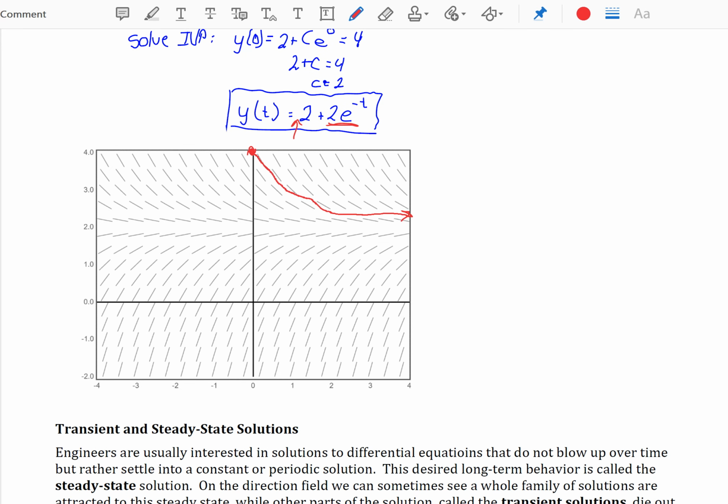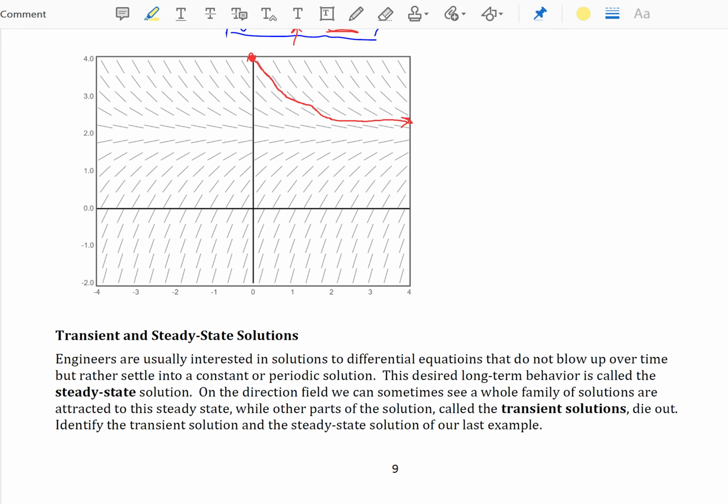Okay, now a little bit more terminology for you. We want to talk about transient and steady state solutions. Engineers are usually interested in solutions to differential equations that do not blow up over time, but rather settle into a constant or periodic solution.